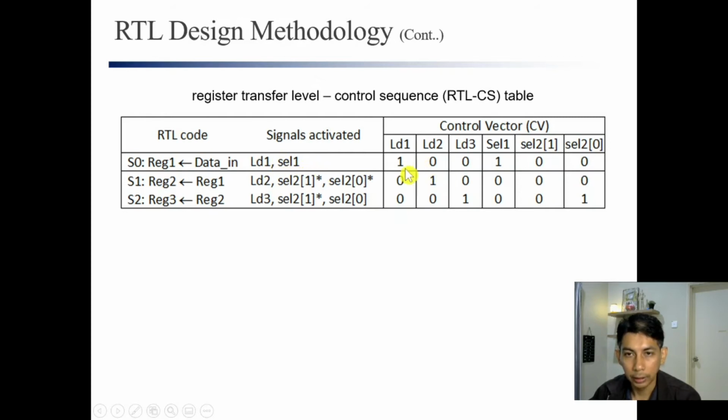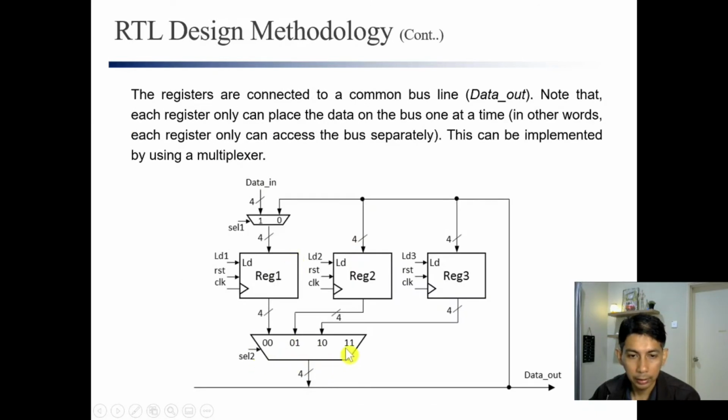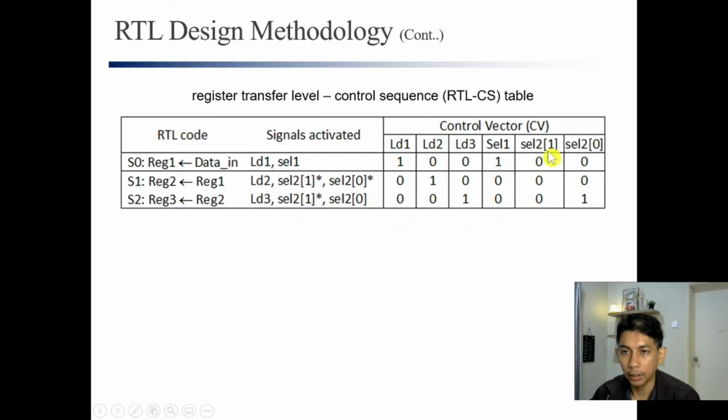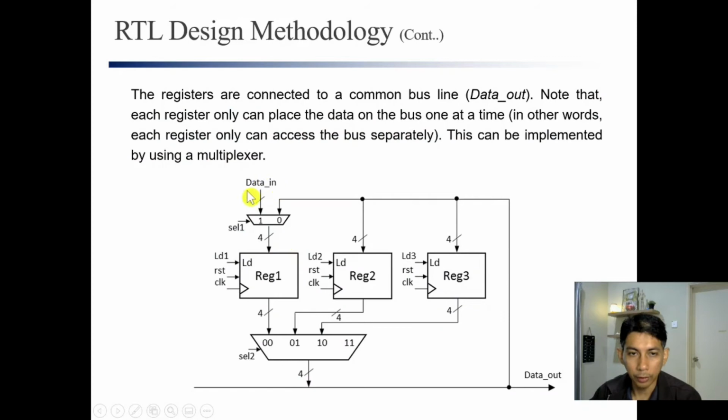Here you can see that LD1 is equal to 1, LD2 equal to 0, LD3 equal to 0, SEL1 equal to 1. SEL2 is 2-bit because this is a 4 to 1 multiplexer, so the values are 00, 01, 10, and 11. We have bit 1 and bit 0 here, 0, 0. So this will definitely move the data from here to here.